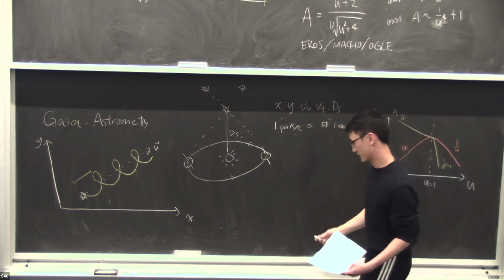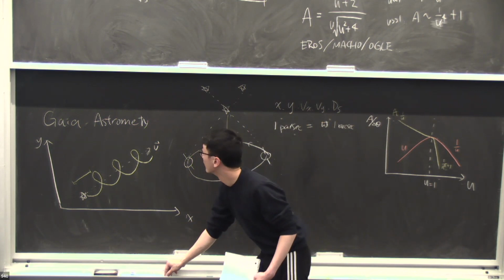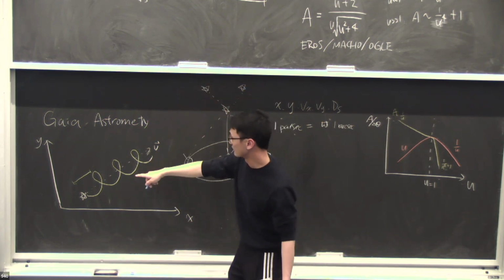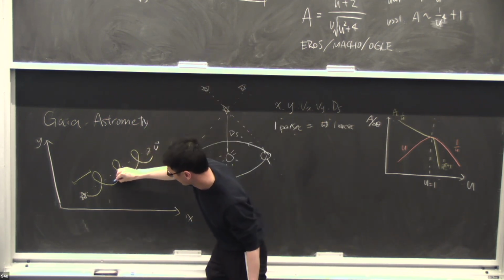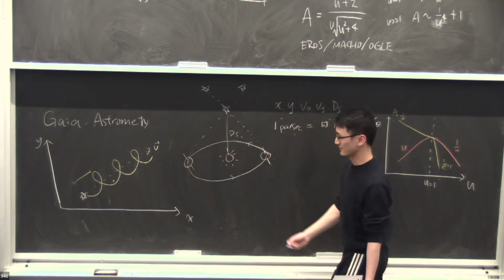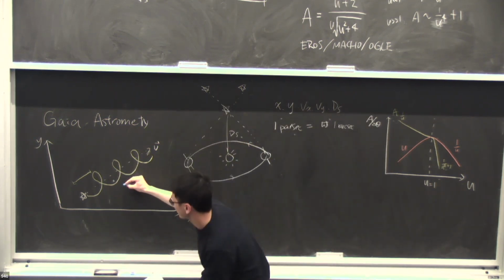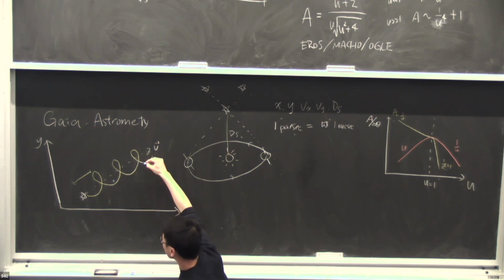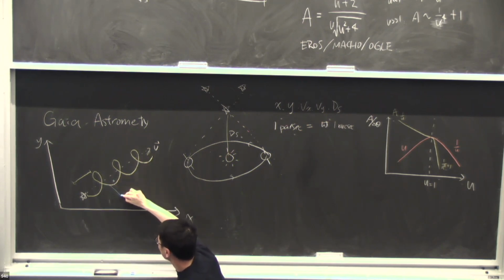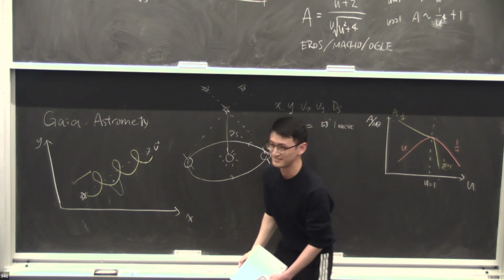So what we want to do then is, suppose there's some lens sitting here. Then as the star moves by, you will see this trajectory. Instead of following this motion, it will do something like this.